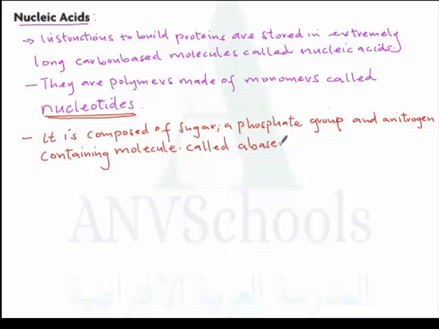So there are two types of nucleic acids, and these are DNA and RNA. Both are very essential in terms of production of proteins.